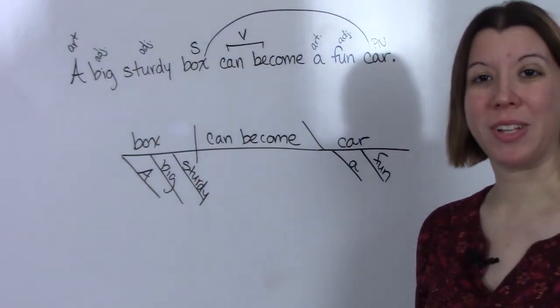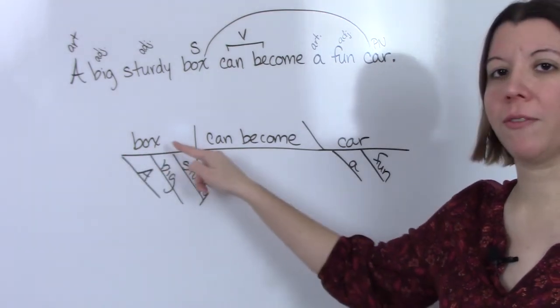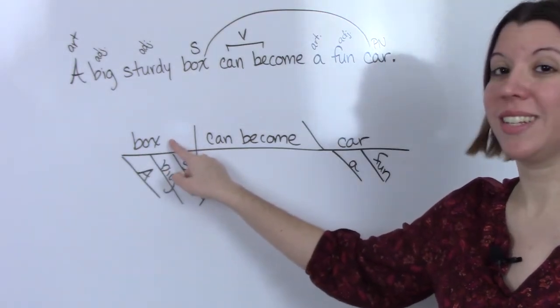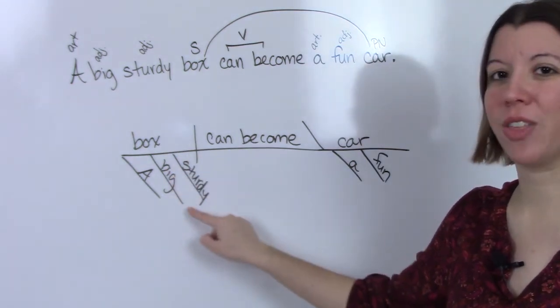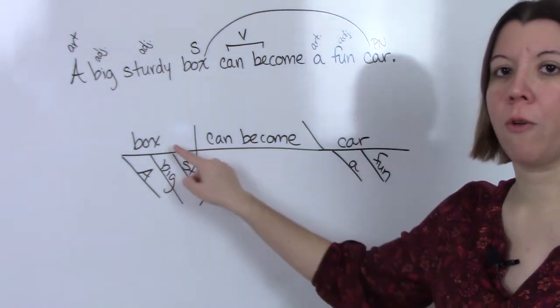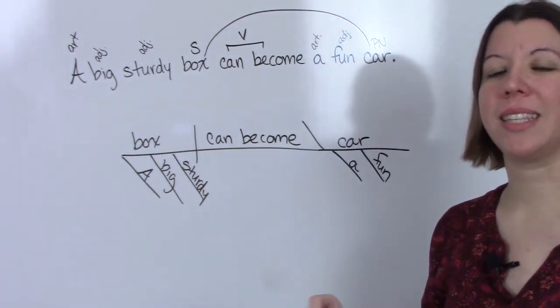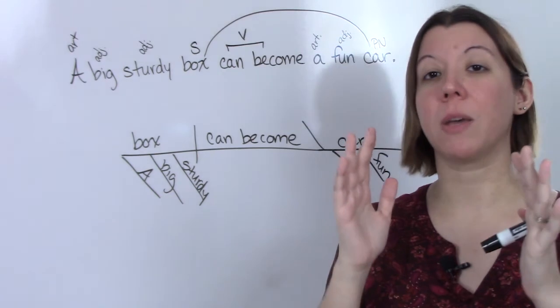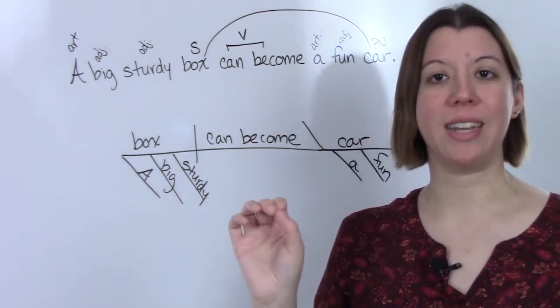Does your diagram look like mine? Notice how I have a really long line for box. The word does not take up all that space, but I need that space because I have 3 modifiers for that noun. That's okay. Diagramming is less about having everything be the precise length it needs and more about where things are connected.